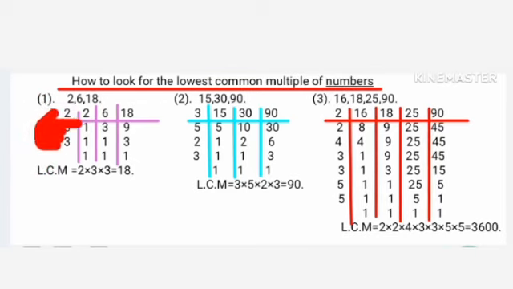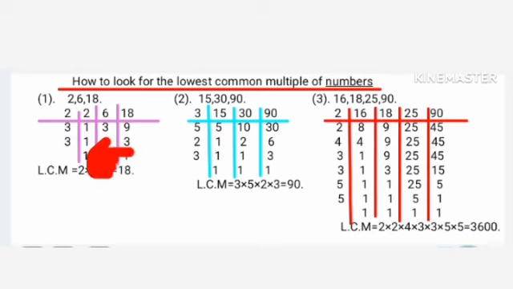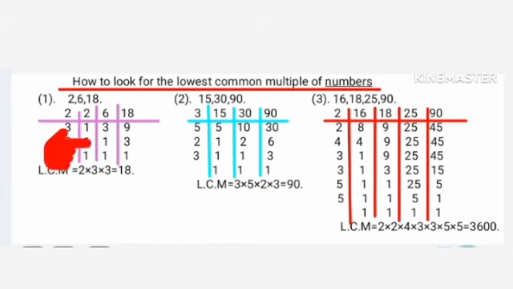Whatever is in the second row of the division column will give you all that is on the third row of the table, and then whatever is on the third row will give you everything on the fourth row. That means this one is dividing everything that is here to give you the numbers that are here, and this one is dividing everything that is here to give you what is here.